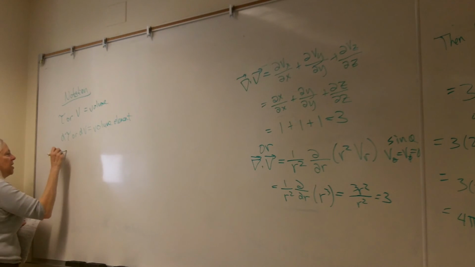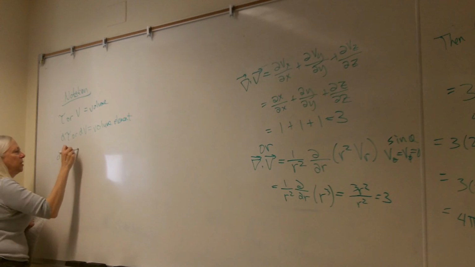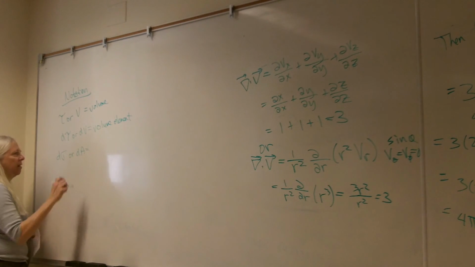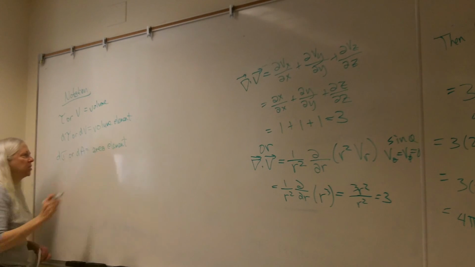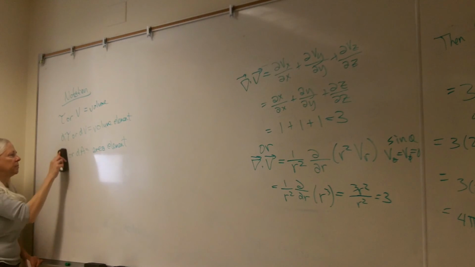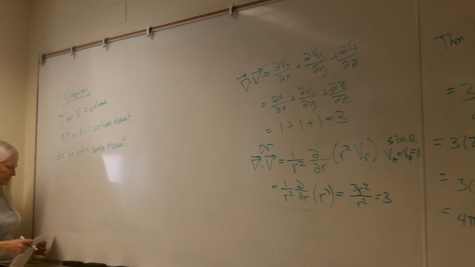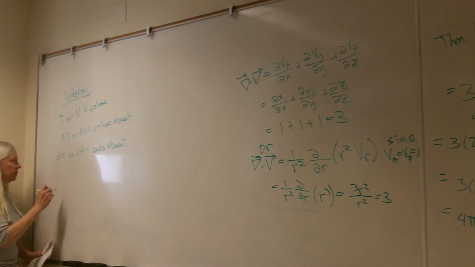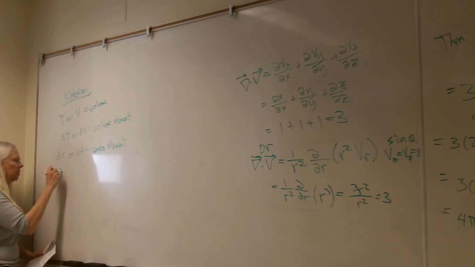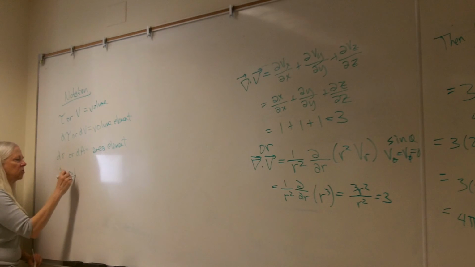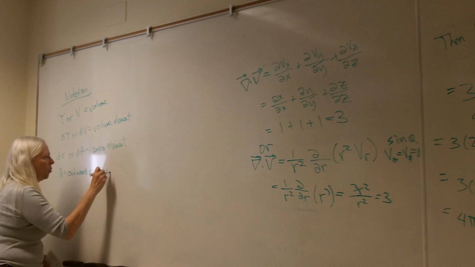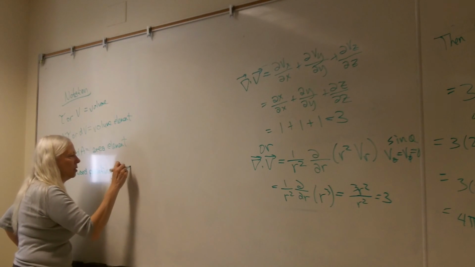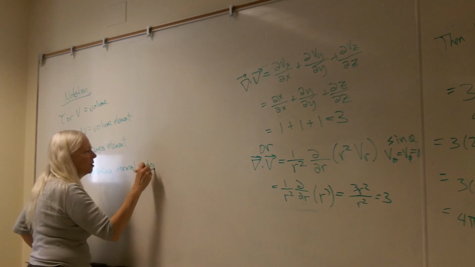I've used d sigma, but some books will use dA to be an area element. Right? A patch of area on the surface. N hat I've used to stand for an outward pointing normal vector at the surface.